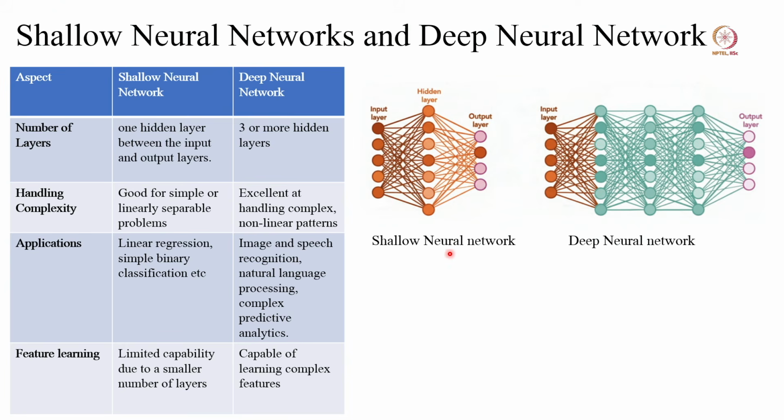And as we are seeing, a shallow neural network has fewer hidden layers, so it has a limited capability of feature learning, whereas deep neural networks are capable of learning very complex features.